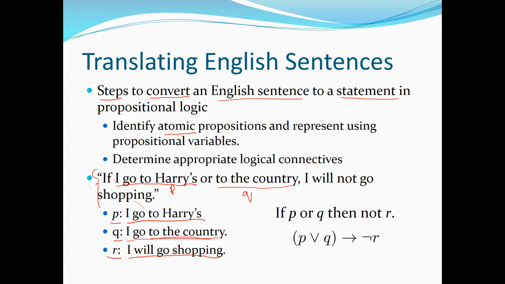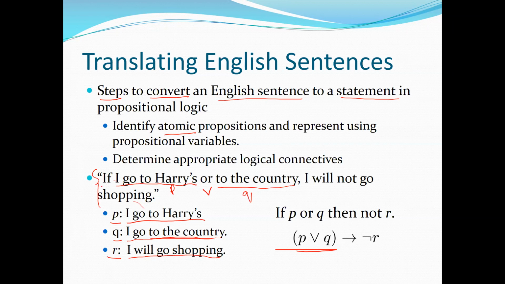And the statement is, if I go to Harris or the country, I can write it as P or Q using the connective, remember from the last class. So this P or Q shows the statement I go to Harris or to the country. But then there is an if. And we know that the if-then structure in propositional logic is implication. I explained it in the last class.